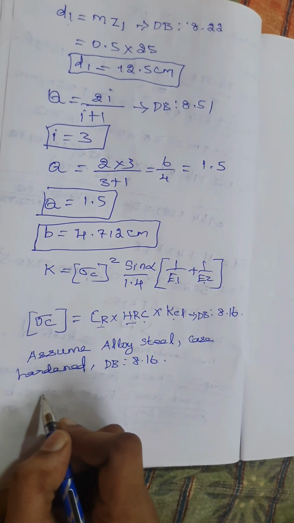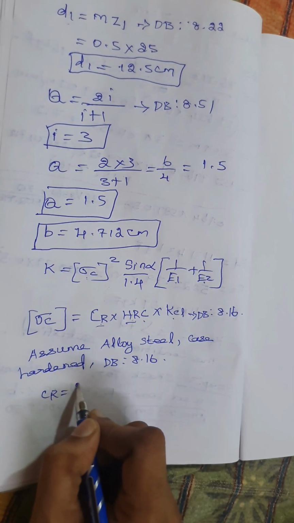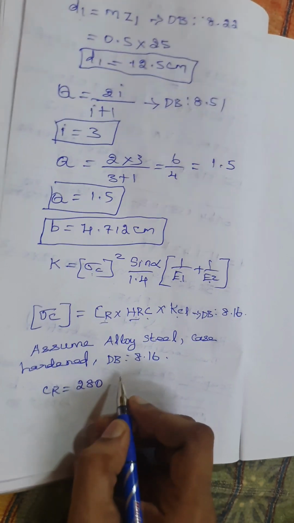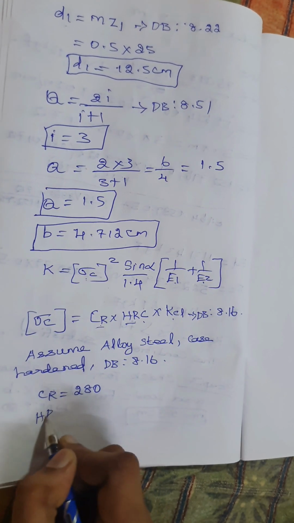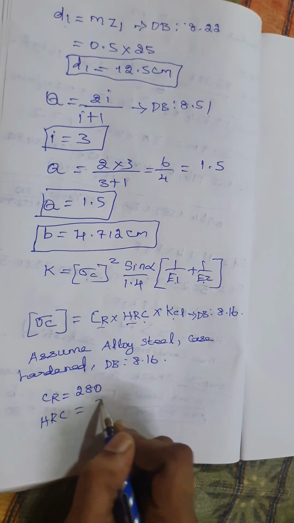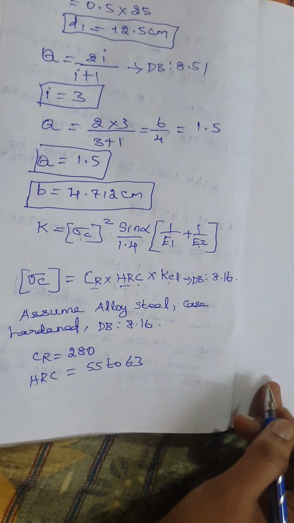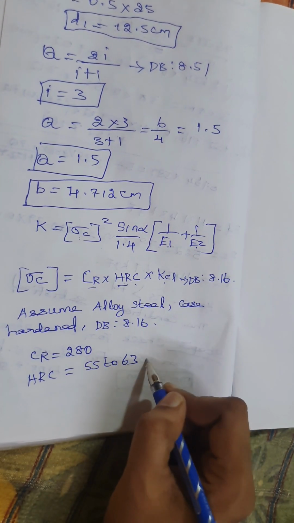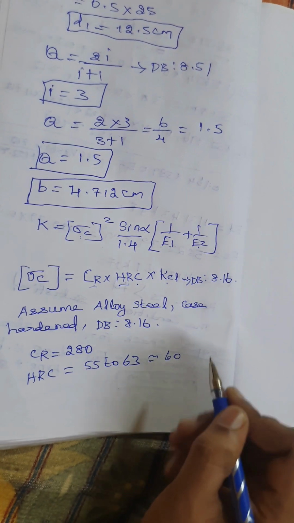CR can be found as 280 for alloy steel, and HRC will be in the range of 55 to 63. In the data book the range for HRC is given, so we can consider 60. It is our choice.